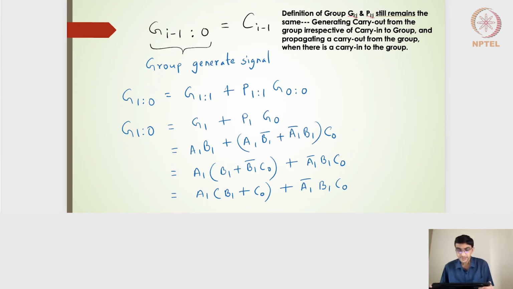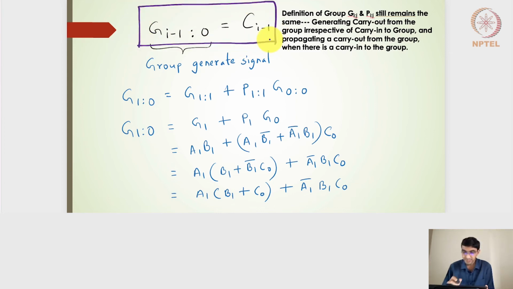Here is a definition of a group-wise generate signal. Until now, what we had seen is the bitwise Gi, which is nothing but Ai and Bi. But here it is defining a group-wise generate signal of i minus 1 to 0.